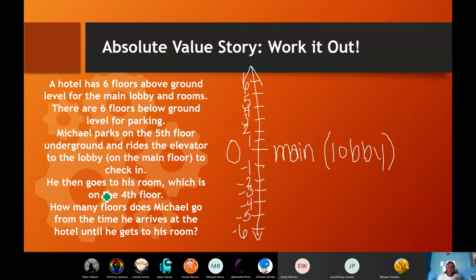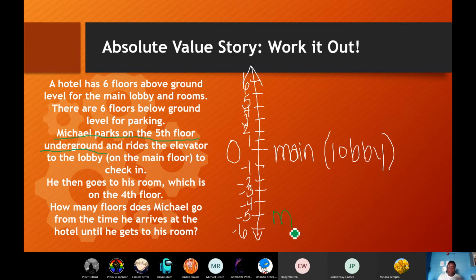Where does Michael park? On what floor does Michael park? Floor 5. The 5th floor. Let's go right back and read from the passage. So I'm going to put an M beside -5 because that's where Michael is starting.